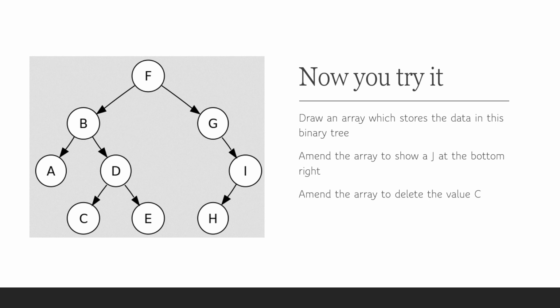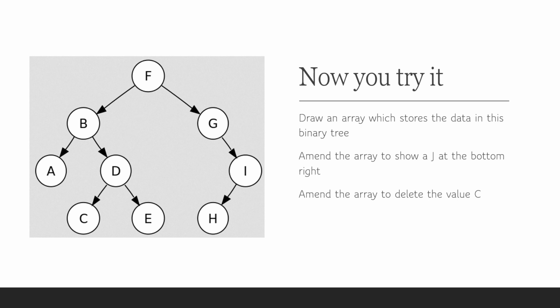Here's a tree structure. From this, I want you to make the same tree as a 2D array. Do as much of it as you can, and if you get it finished, then add further amendments to add a node with J to the bottom right and delete the node that has C in it.